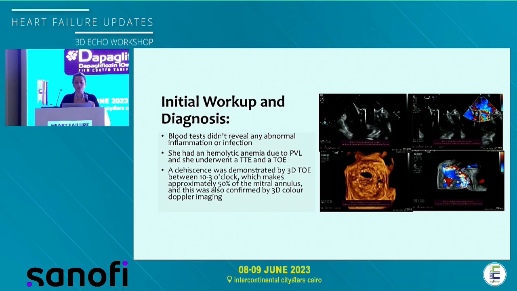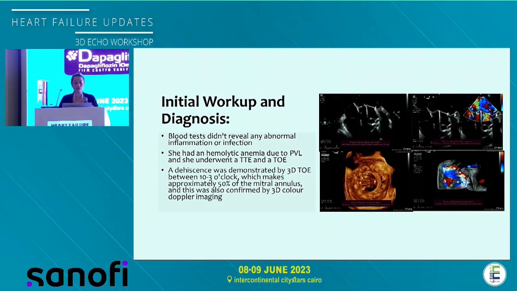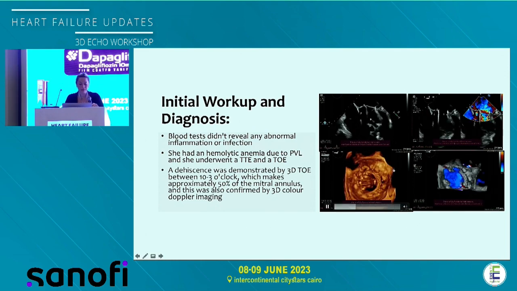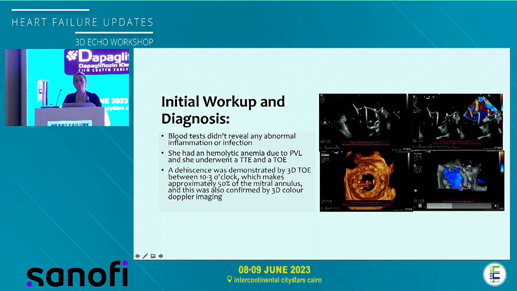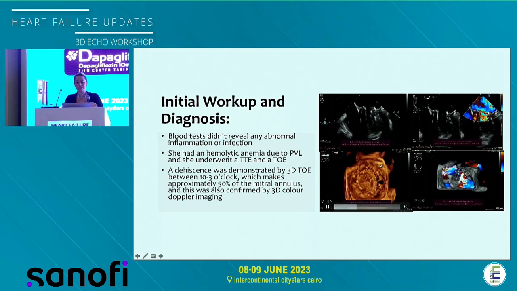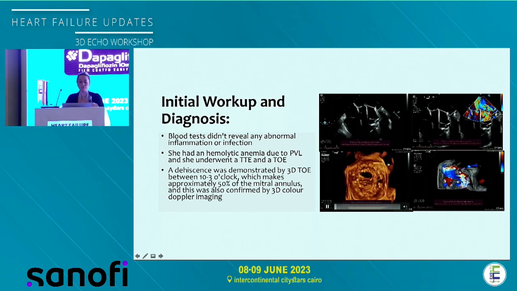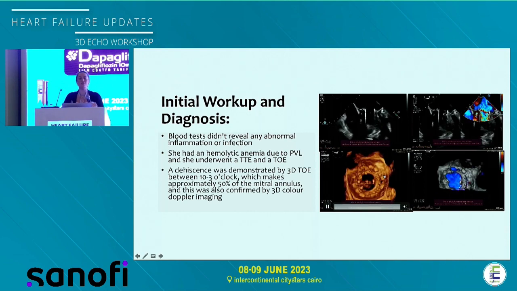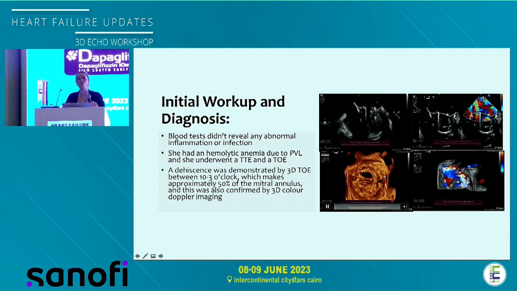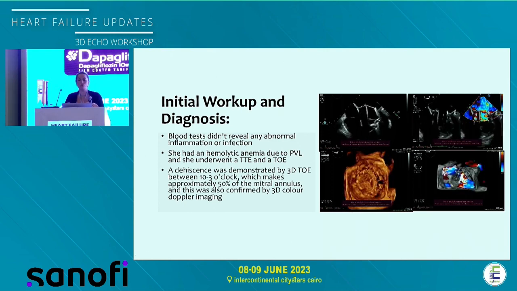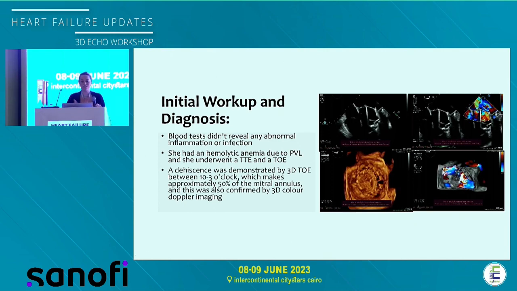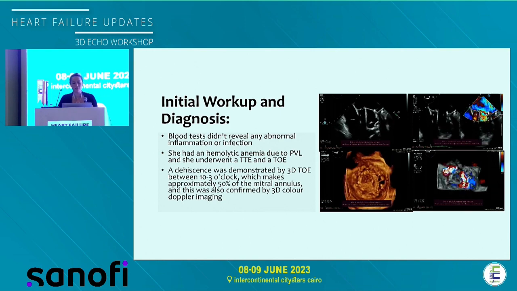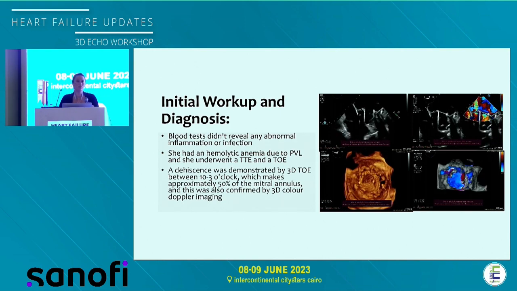But unfortunately she again had a paravalvular leak, and you can appreciate that it makes more than 25%, almost 50% of the whole annulus. But she was very young and had no more option. She was just sitting, New York Heart Association class 4, hospitalized lots of times, and everything was terrible. And we had to go.